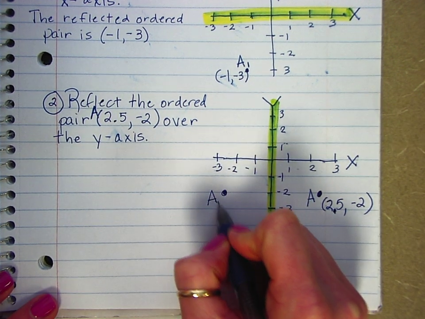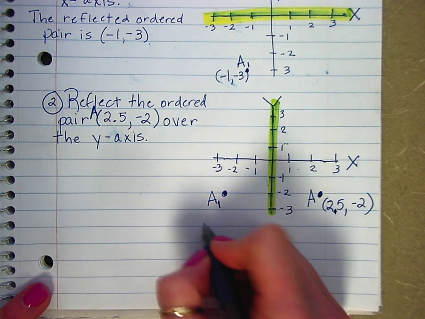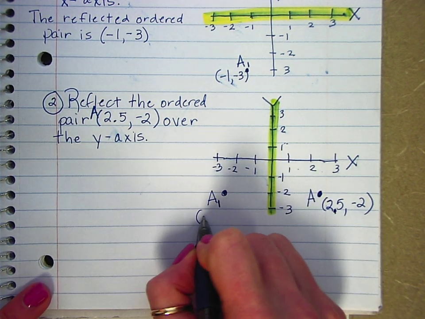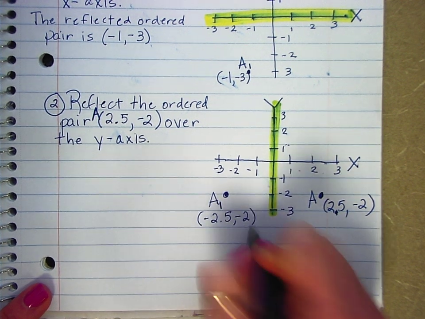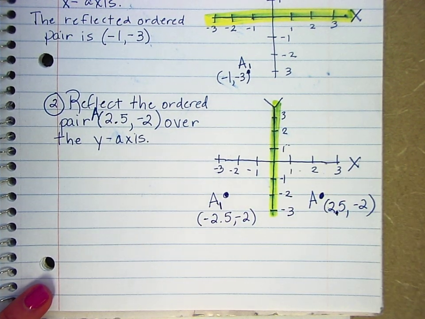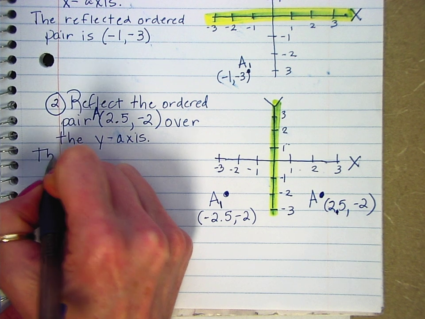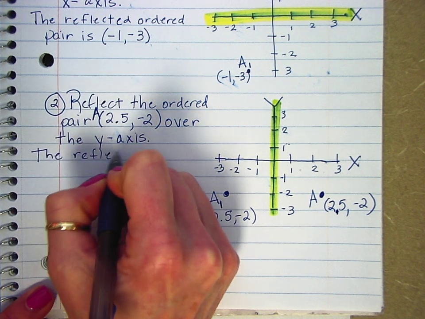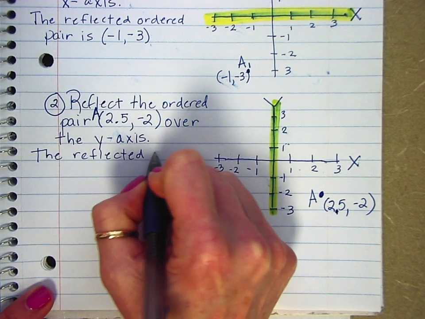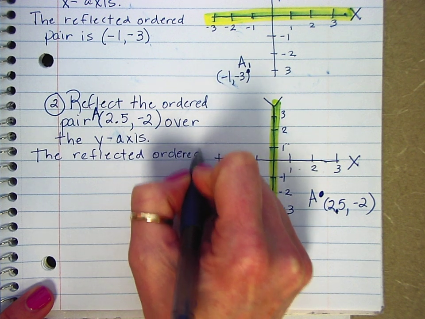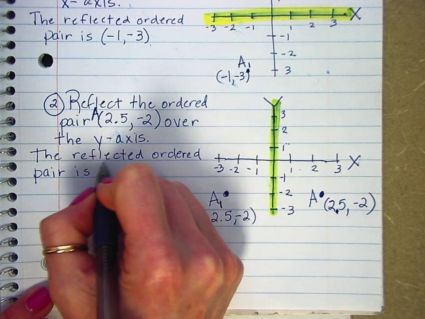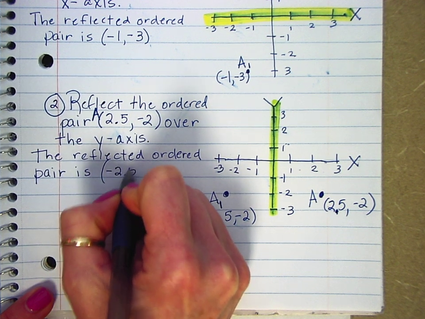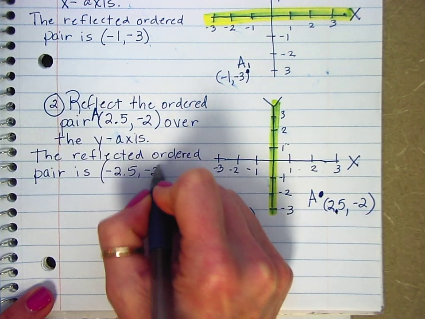So that is the reflected ordered pair, and it's located at negative 2.5, negative 2. So the reflected ordered pair is negative 2.5, negative 2.